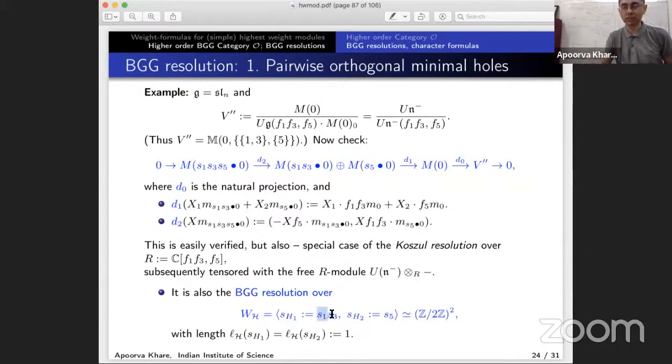Nevertheless, because these commute, the group is still Z mod 2Z squared. But the new length function takes this 2-element word to have length 1. It's a different length than the Coxeter one, for obvious reasons. It is how these occur in the Koszul resolution.